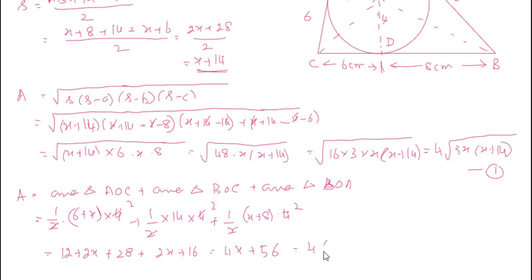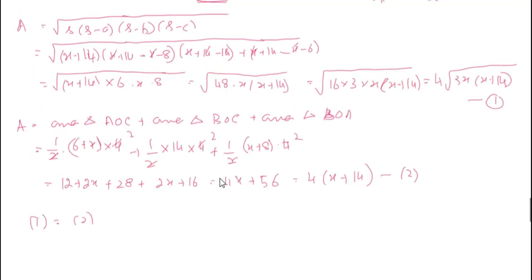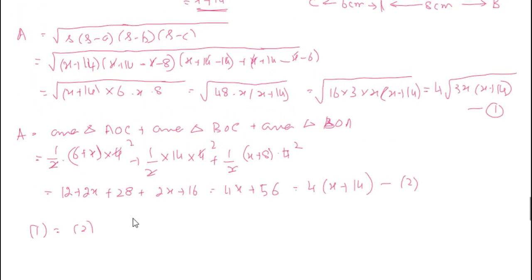I'll take 4 outside: 4 into x plus 14. This is 2. Equate 1 and 2. So 1 is 4 root 3 into x into x plus 14, that is equal to 4 into x plus 14. 4 cancels out.